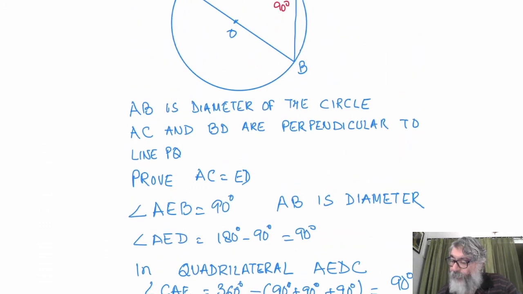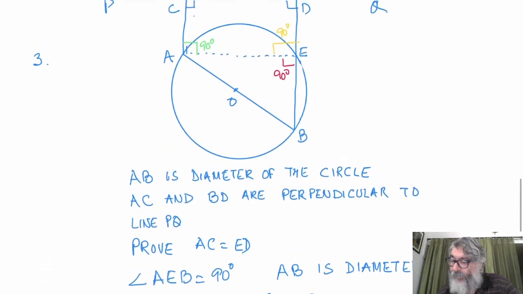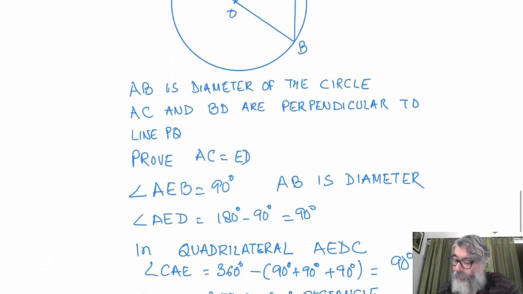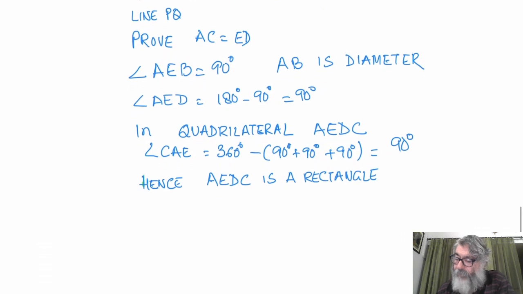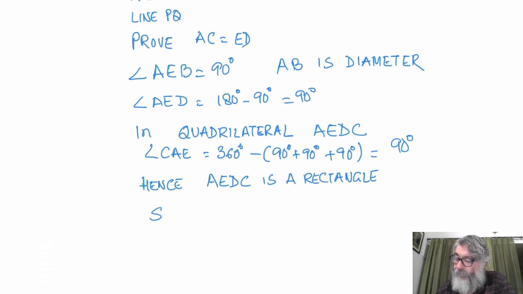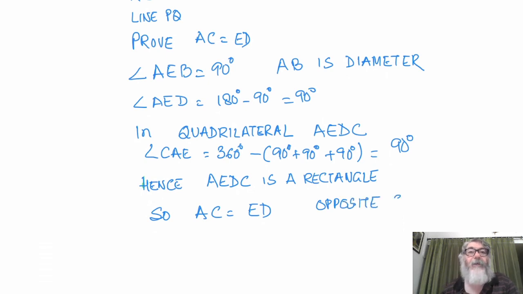We have to prove that AC is equal to ED. So AC is equal to ED, because opposite sides of a rectangle are equal.